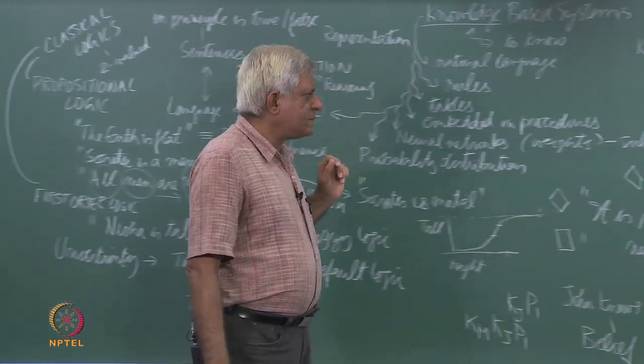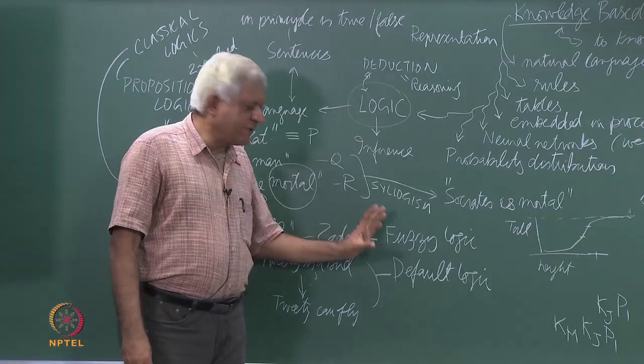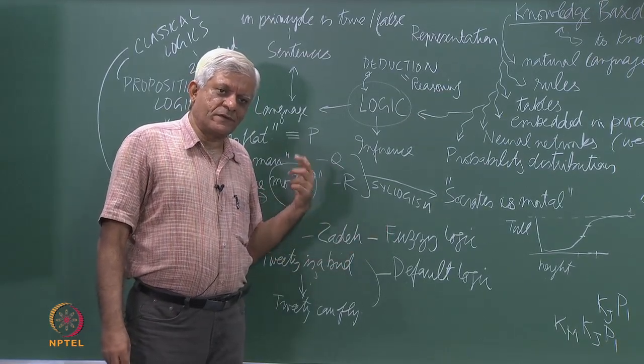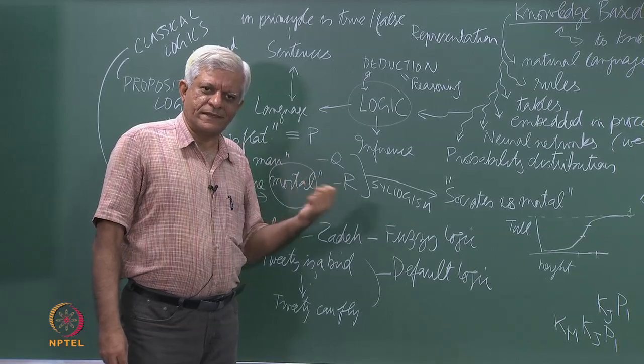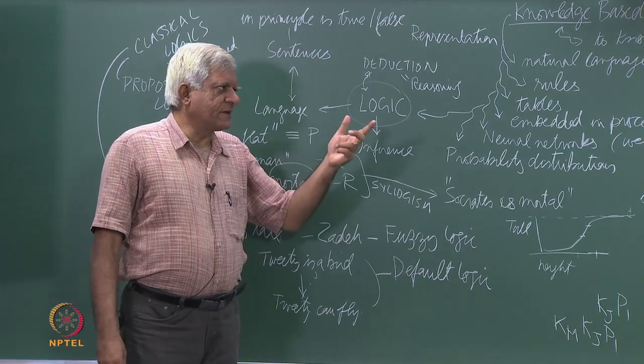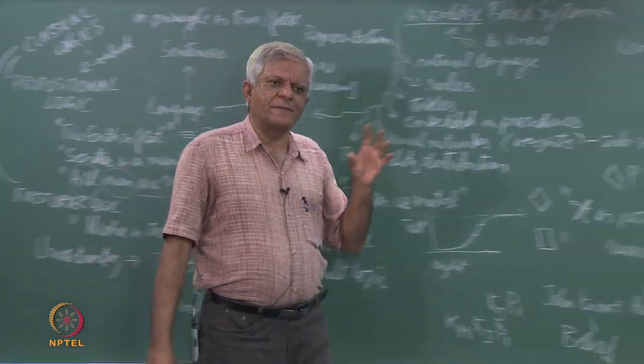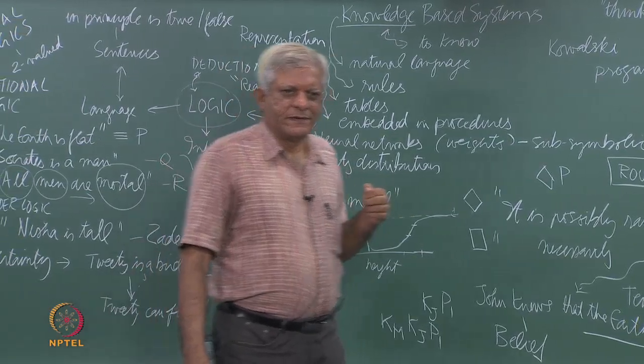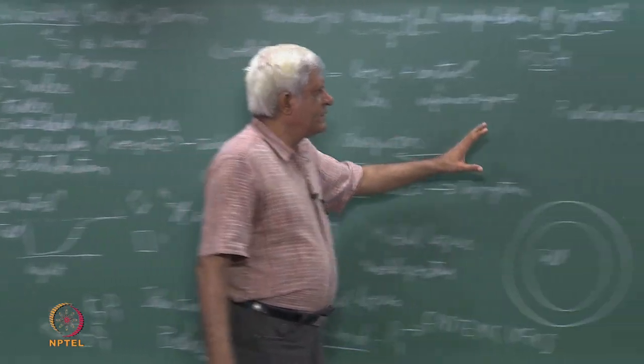Okay. Now, you must distinguish between fuzzy logic, which also talks about numbers which are less than 1, and probabilistic reasoning, which says I am 70% sure of my conclusion or something like that. There is a difference between this and fuzzy reasoning.